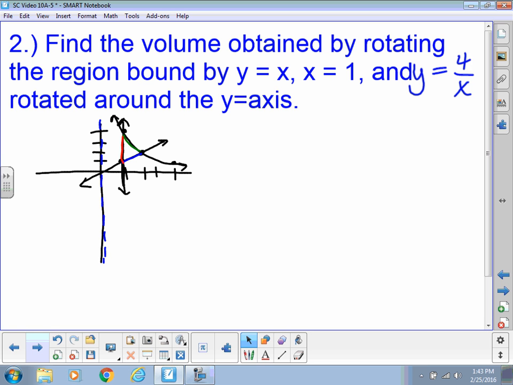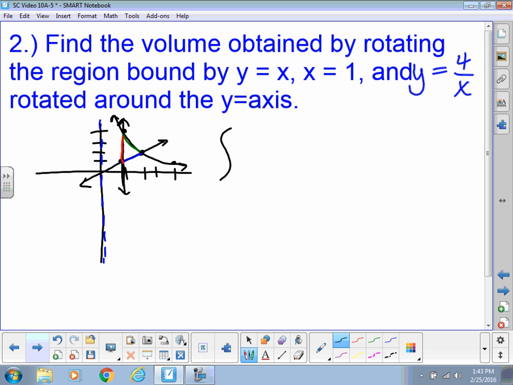Well, when you draw in slices perpendicular to the y-axis, notice the outer function changes from the green to the blue depending where you are. So when we do this with washers, we're going to have to split it up. We'll do the top half doing green minus red, and then we'll add on the bottom half, blue minus red. And again, the reason we're doing that is because the outer function is changing.